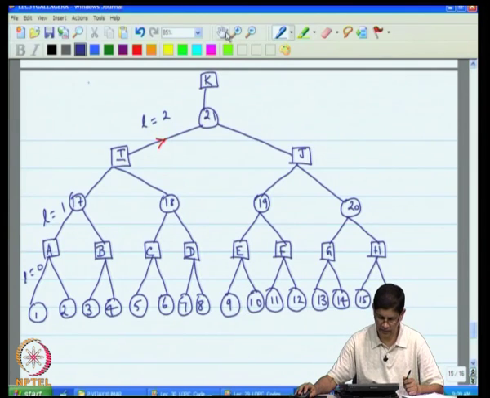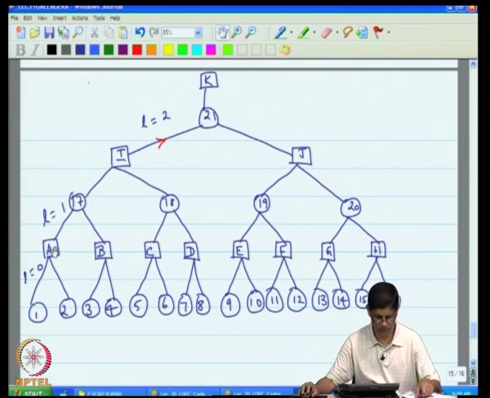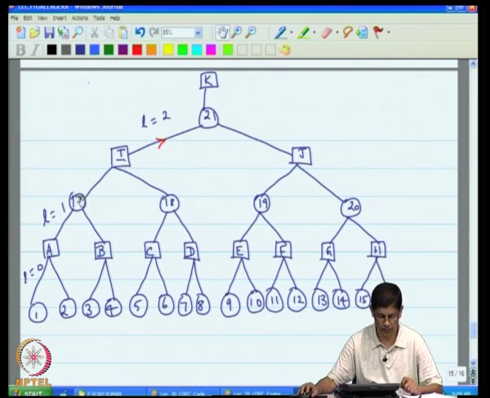Remember that a particular iteration consists of a message from a check node to variable node and then back. So, this was one iteration, this was the initial phase.